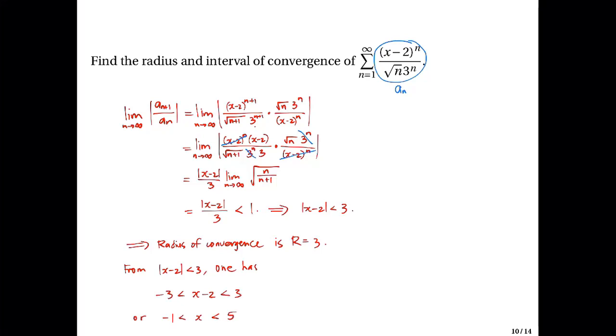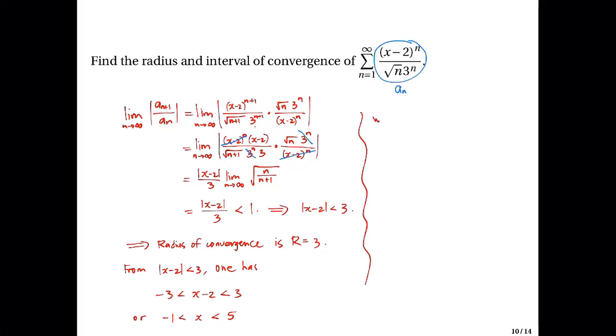If we add 2 on all sides of the inequality, we will have this. So definitely the series is absolutely convergent inside the interval, in this interval without the negative 1 and positive 5. We will now verify if the series is convergent at these endpoints.